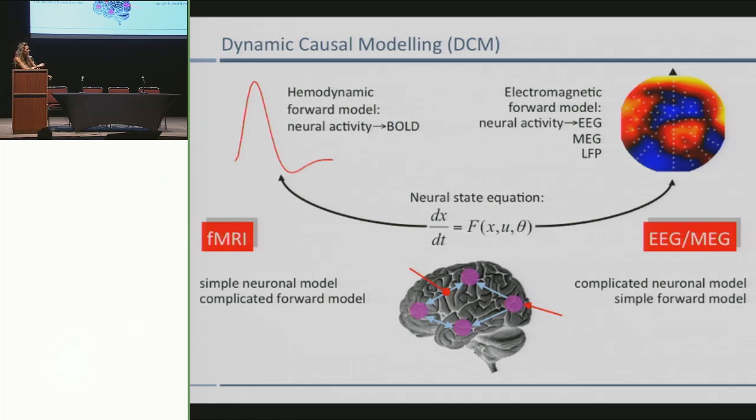But what we can measure is its influence on measurable signal, like levels of deoxyhemoglobin and the resultant BOLD response. And so in fMRI, we have a relatively simple neuronal model with only one, or at the moment a maximum of 2 states describing the activity in a given neuronal population.